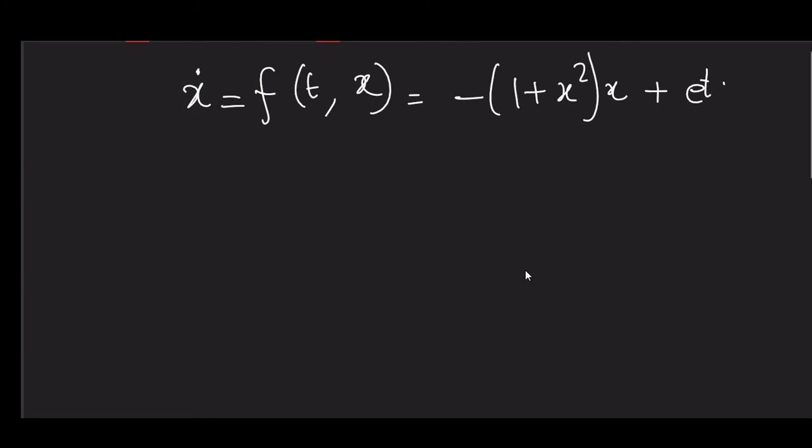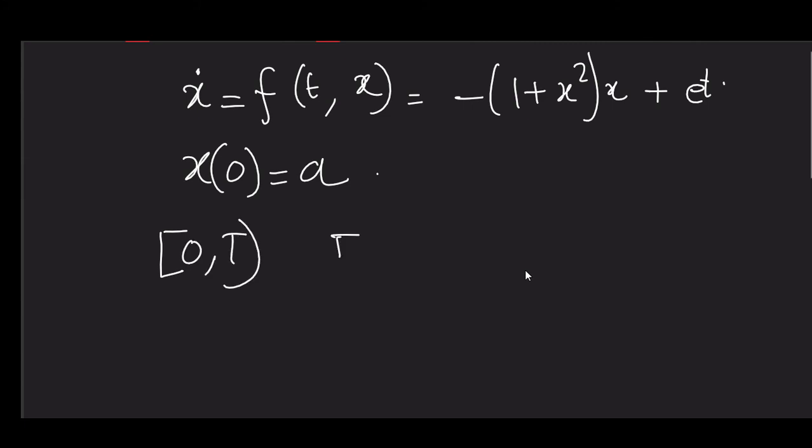For that you have x0 is equal to a, and this also we can expect has a unique solution over the interval 0 comma T, where T is any value greater than 0, because here f(t, x), the way we have defined it, is locally Lipschitz over x.